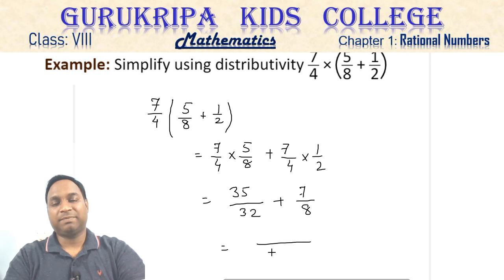What will be the LCM? 32. So you get here 35 plus 28.